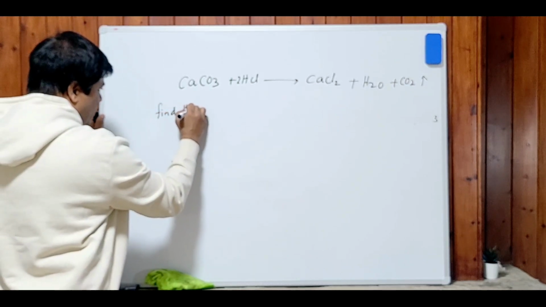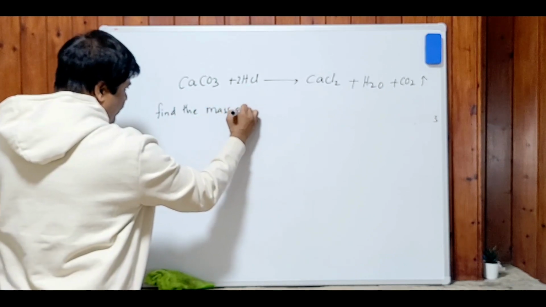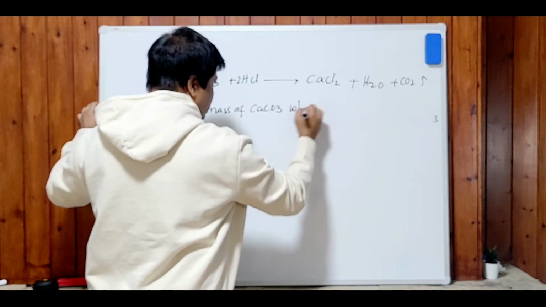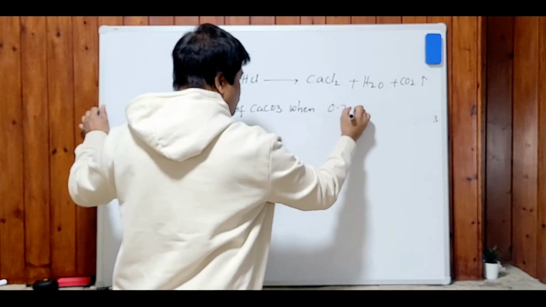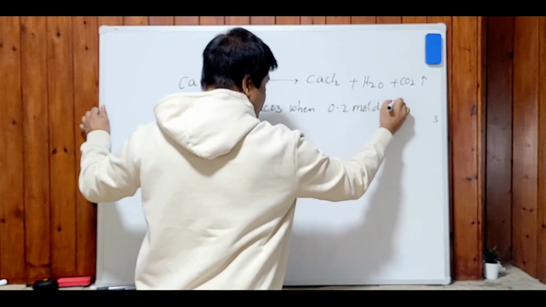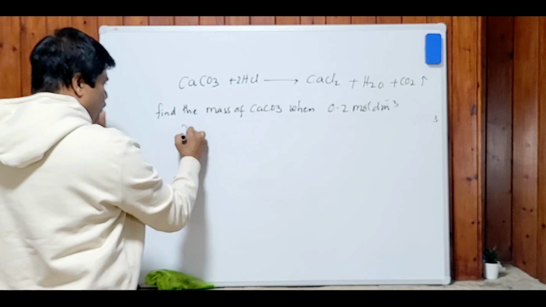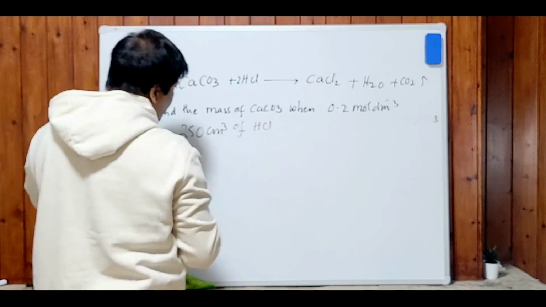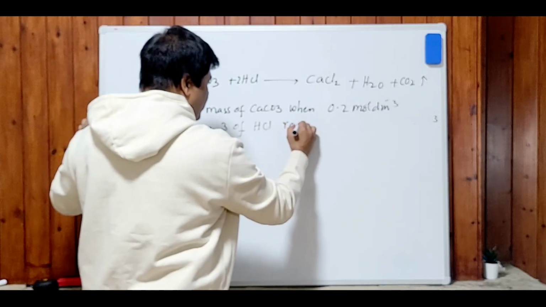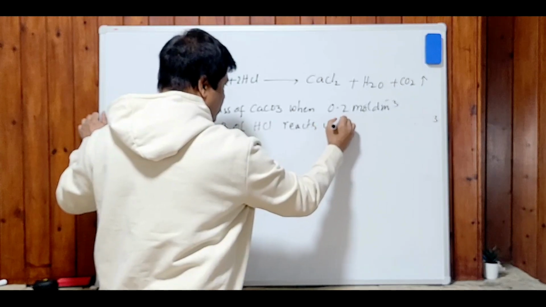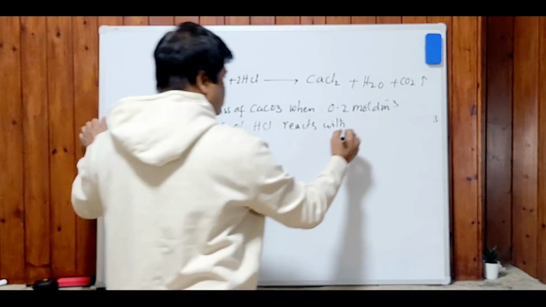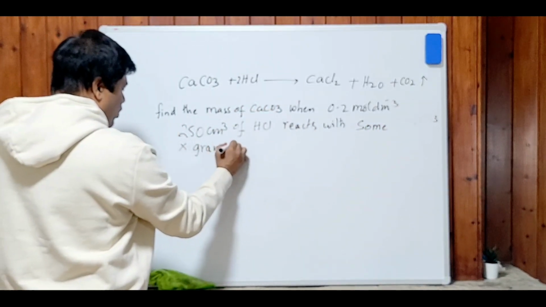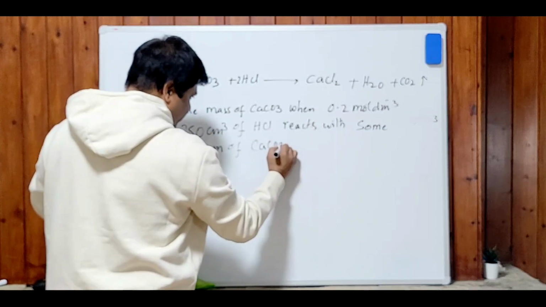find the mass of CaCO3 when 250 cm3 of 0.2 mol dm-3 hydrochloric acid reacts with some X gram of CaCO3.